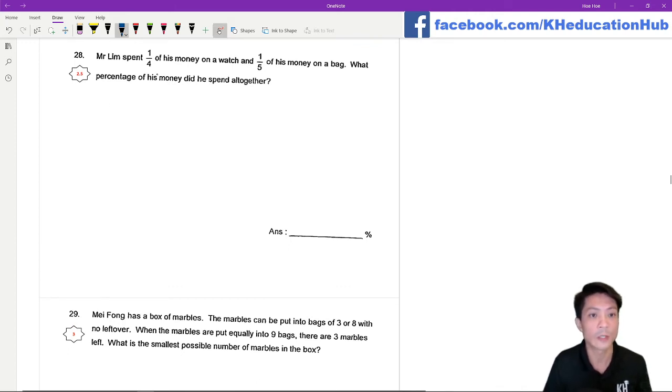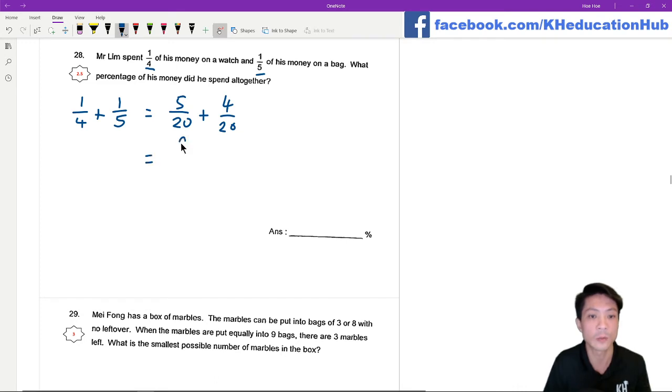Next question, question 28. Mr. Lim spent a quarter of his money on the watch and 1/5 of his money on the bag. So what percentage of his money did he spend altogether? So we're gonna find what fraction of his money did he spend altogether first. 1/4 plus 1/5. Change to common denominator, which is times 5, which will give me a 5/20. 4 times 4, 4/20.